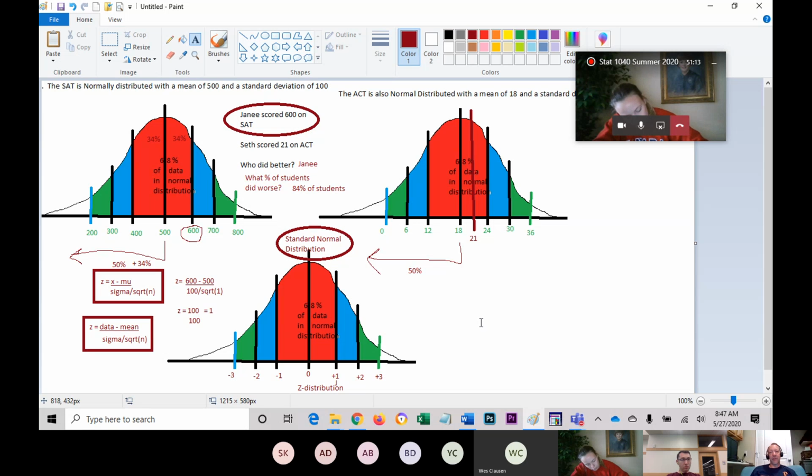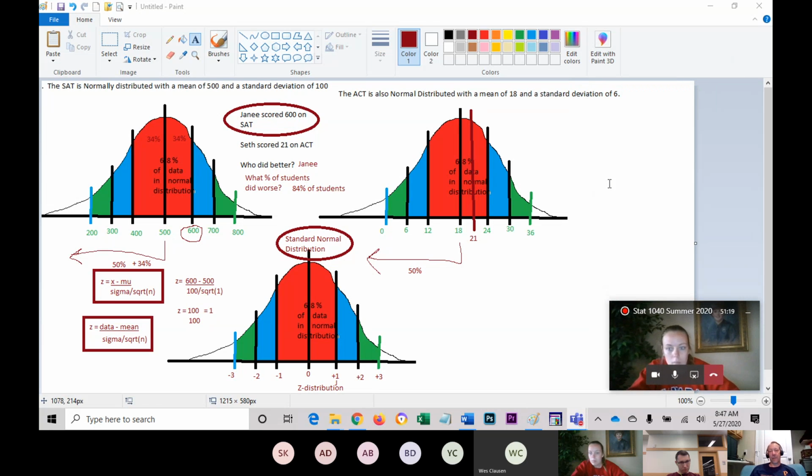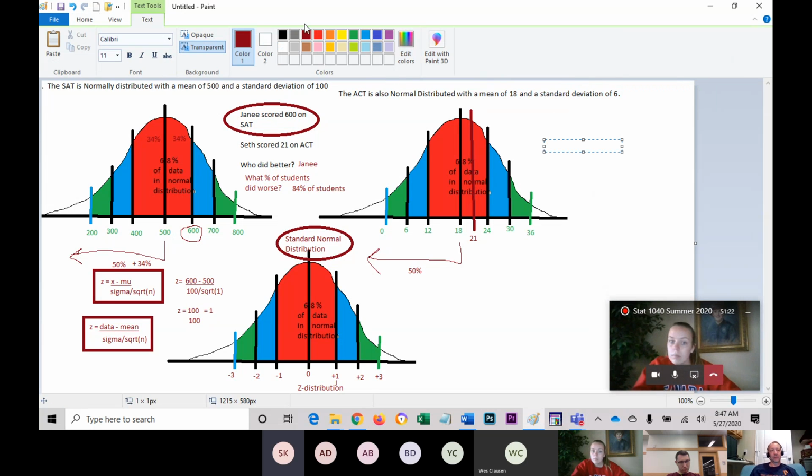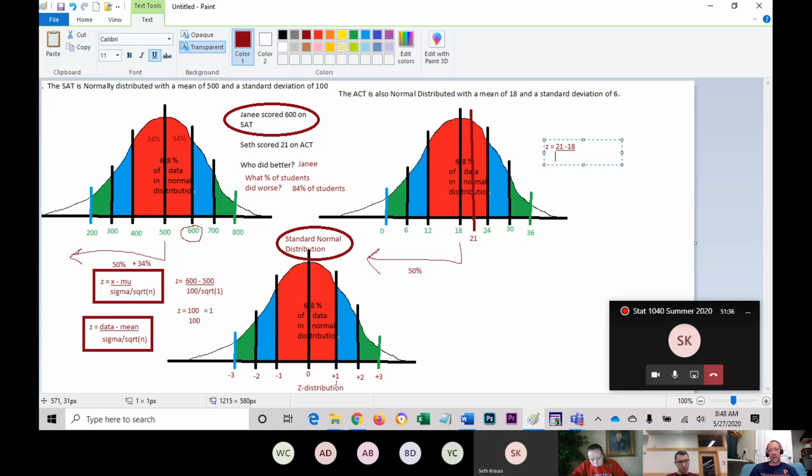Okay? So since we've done that, Seth, can you do the same thing for your ACT exam? Yes. Z is going to equal 21 minus 18, divided by 6 divided by the square root of 1, there's only one Seth.